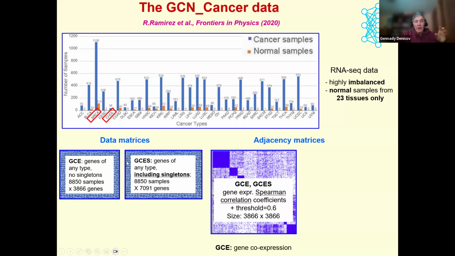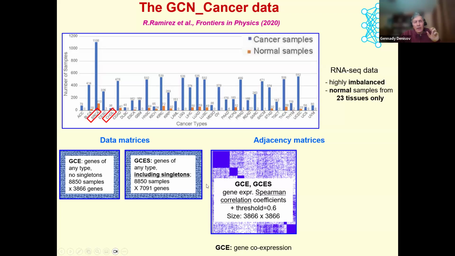The first 2 were named GCE and GCES, where GCE stands for gene co-expression and S stands for singletons. So both these data sets have a co-expression type of association between genes.